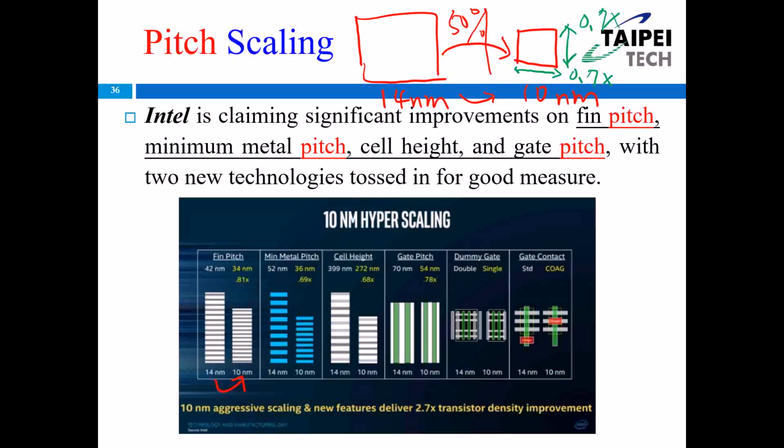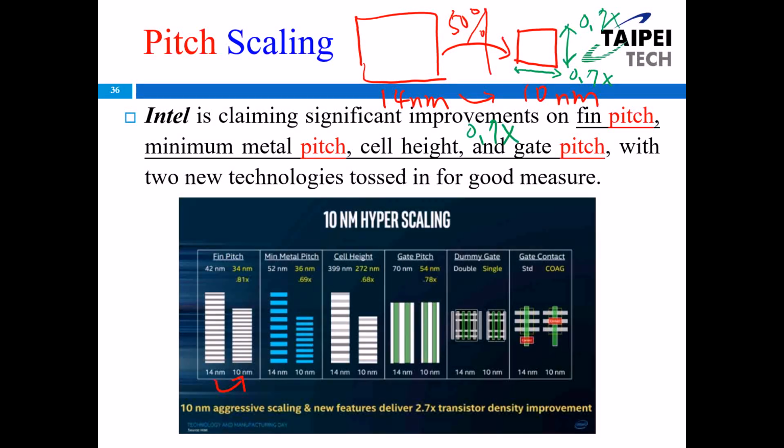Because also according to Moore's law, it's 0.7 times, right? 14 nanometer times 0.7 is around 10 nanometer. So not only are the length and width scaled down by 30%, but also the naming of the chip follows Moore's law, right? So that's the reason the next generation is 10 nanometer.